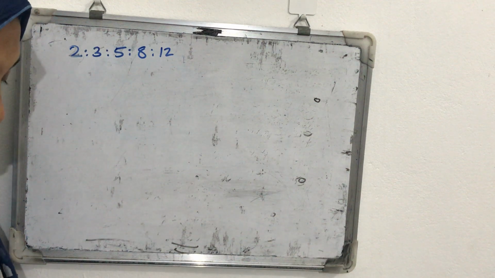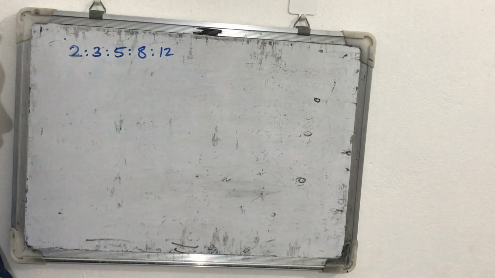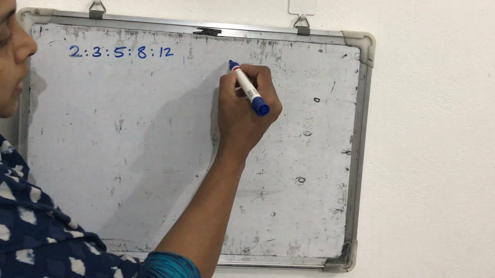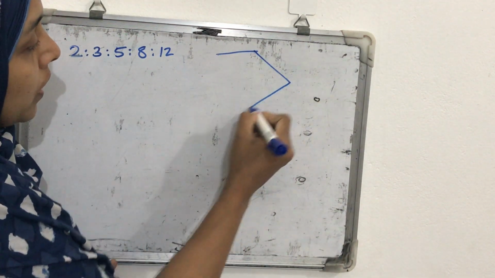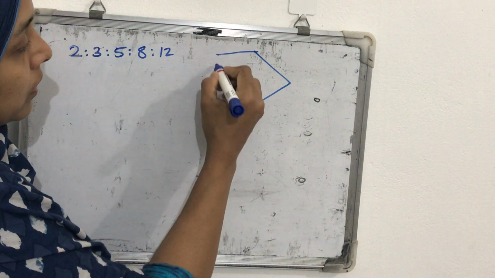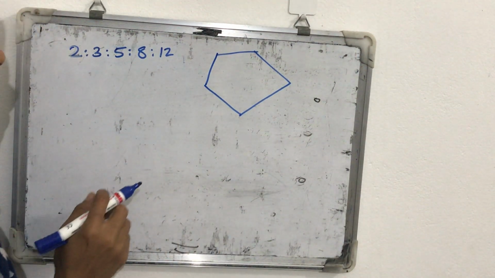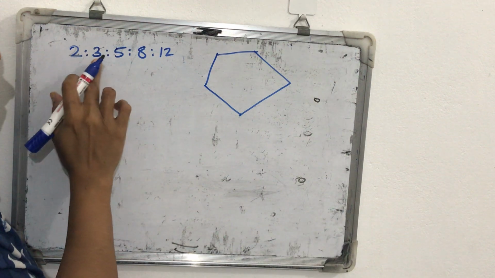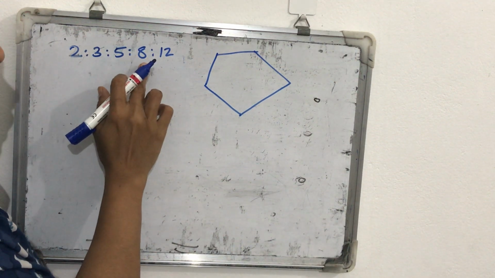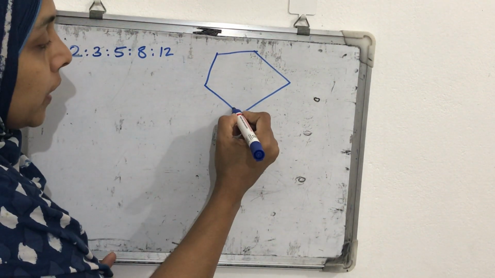Find the smallest and the greatest angle. So it is a pentagon, so we just draw a figure of a pentagon. And it is given the angles are in the ratio 2:3:5:8:12.